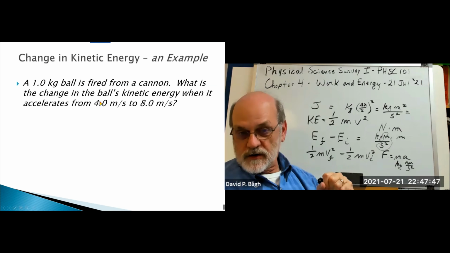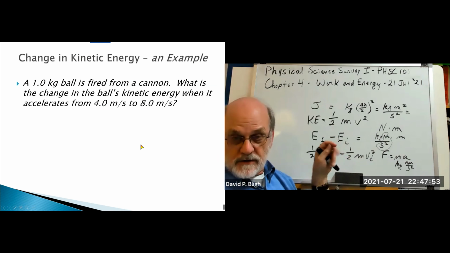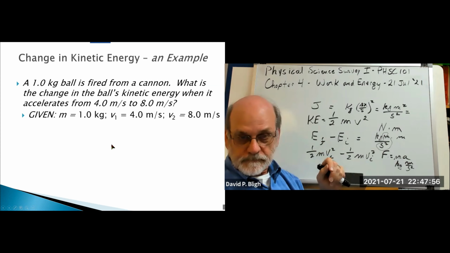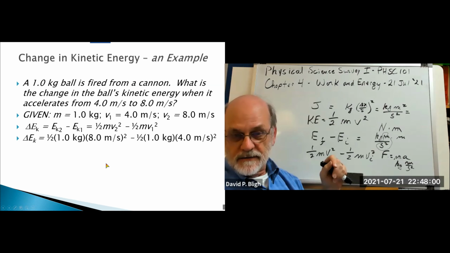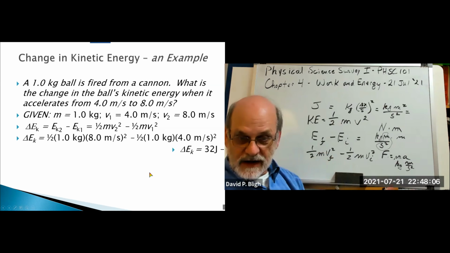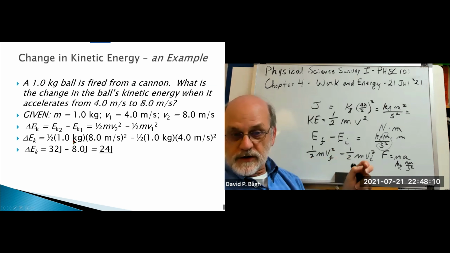Right? So here's what it was at the beginning, initial. Here's the final. We have these expressions. So now we can calculate. This is the final, 8 meters per second. This is the initial. Do the calculations. The final is 32 joules of energy.